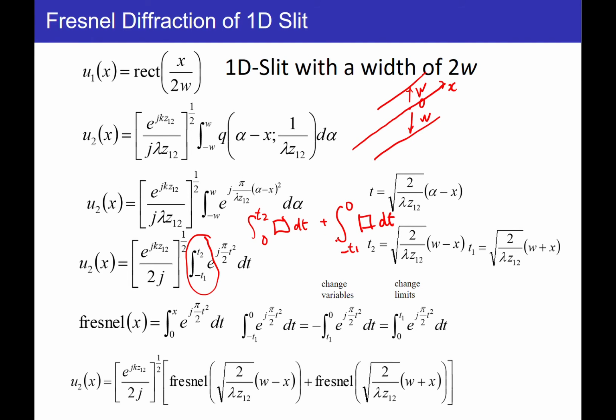And then in order to have consistency for the Fresnel(x), to have this form, we change the variables, okay, and then we change the limits, and then this becomes this one.